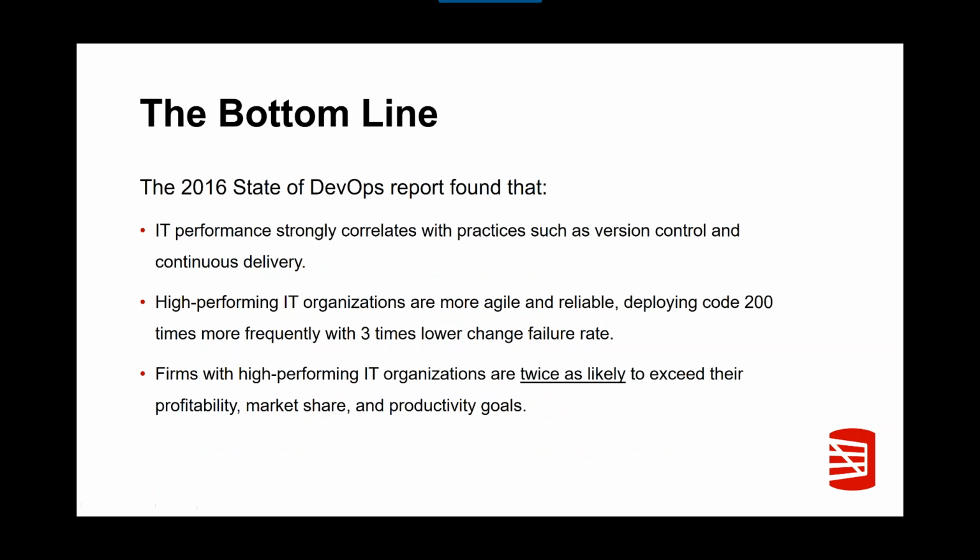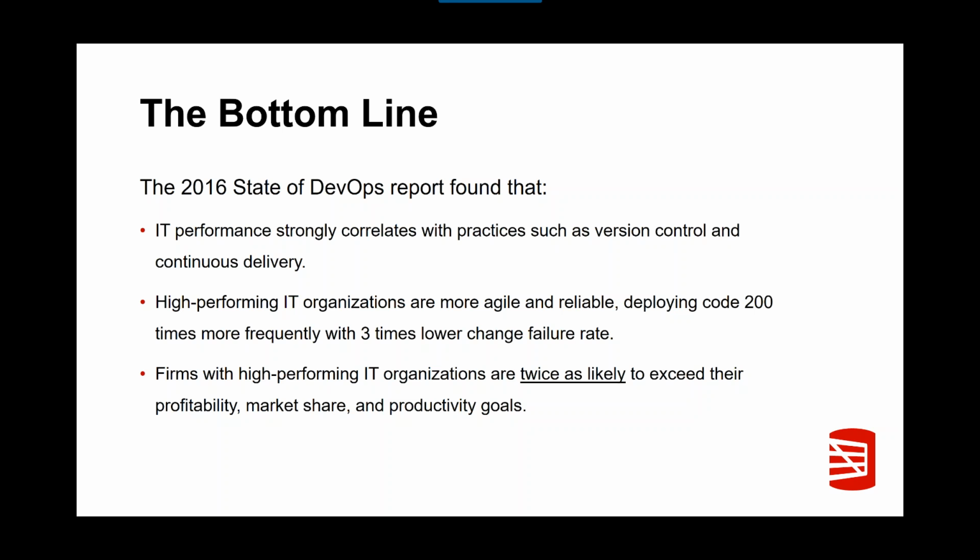So there was a report, the 2016 State of DevOps, and they do find that there is a very high correlation between practices such as continuous delivery, such as version control, and high-performing IT organizations. It's basically the more agile you are, and the more repeatable you are, and the safer you are, and the fact that if you're able to move quickly, safely, you are one of the higher performing IT organizations.